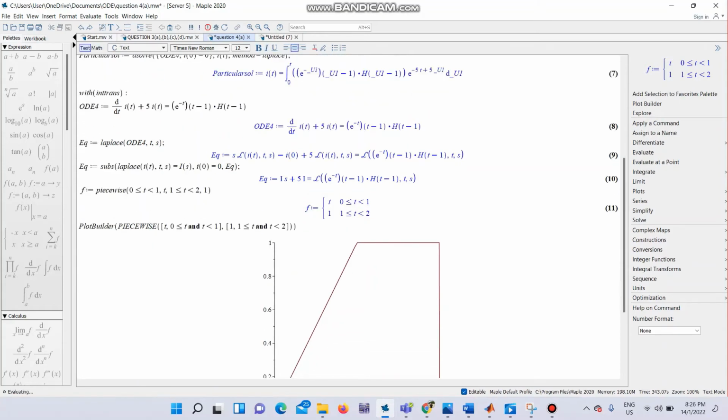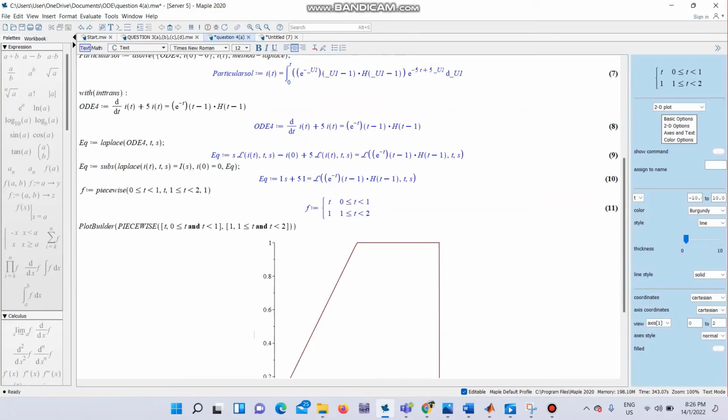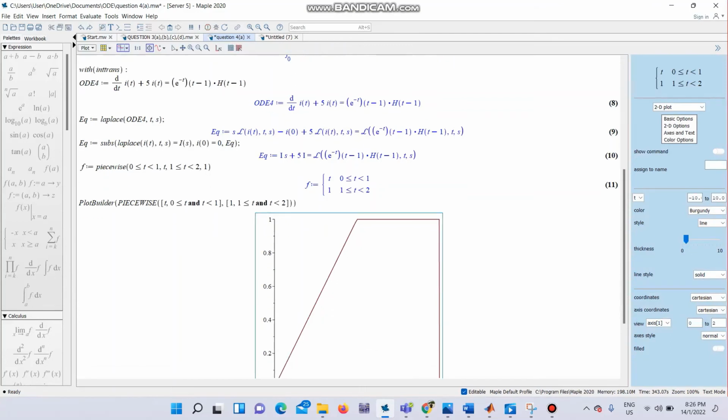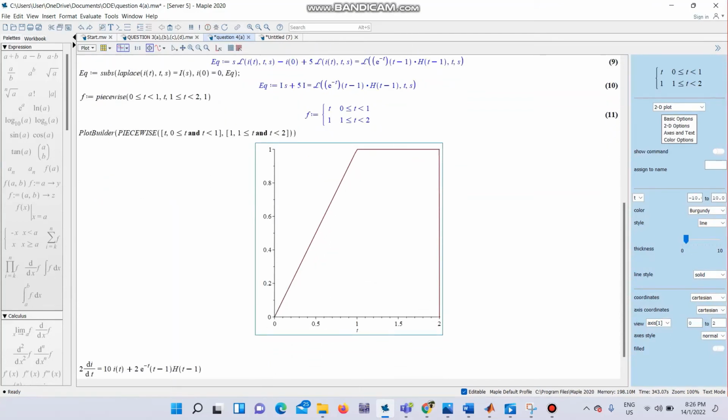And for the graph, which is plot builder piecewise, this is the output that we get. You can see that for the x1 axis, it is 0 until 2, and the x2 axis 0 to 1. So this is the graph that we get for the question.